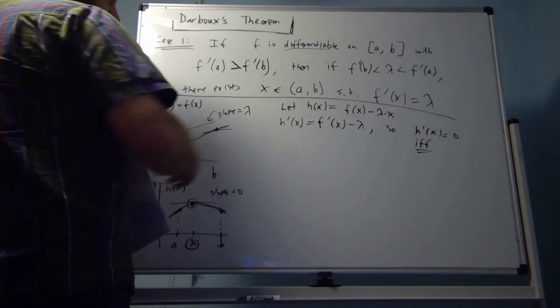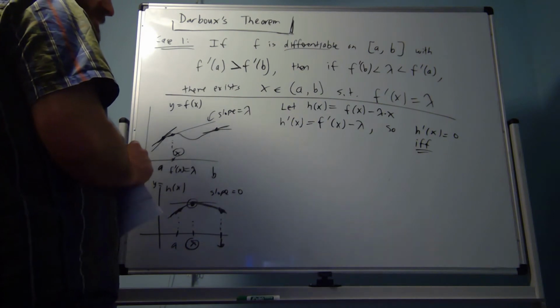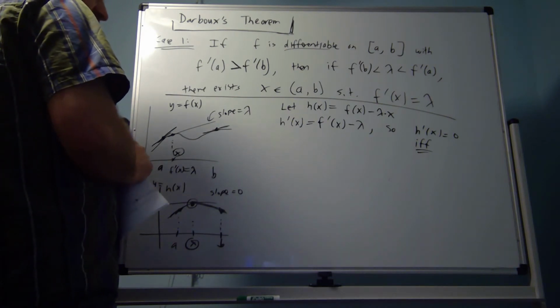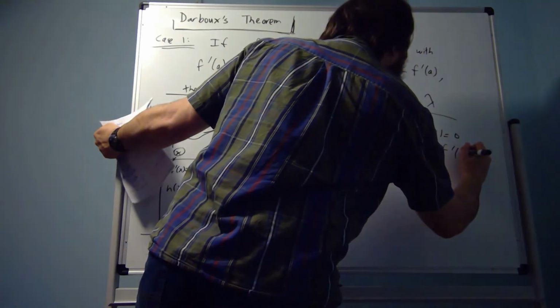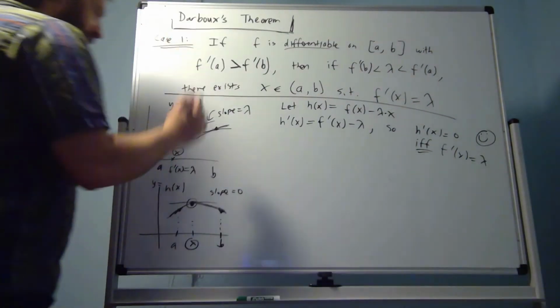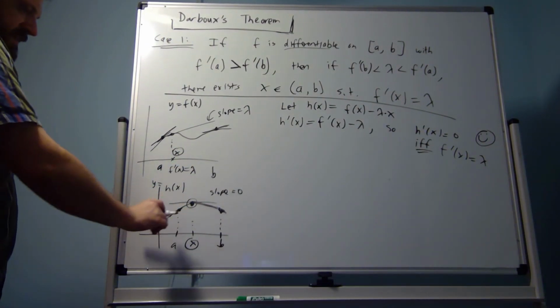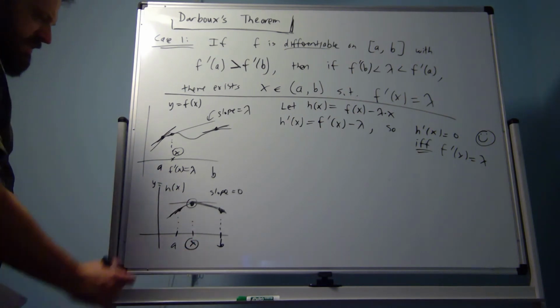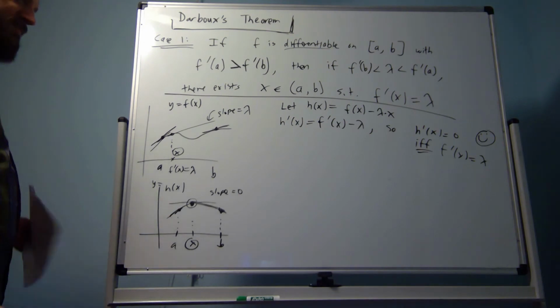So this is h prime of x. The whole utility of h is that h is a special function such that h prime of x is 0 if and only if f prime of x is equal to lambda, which is what we want. So all we have to do is we have a function that's increasing as you exit A, and then it's decreasing as you enter B. Well, where is the slope going to be 0? Oh, that's going to be a relative max.